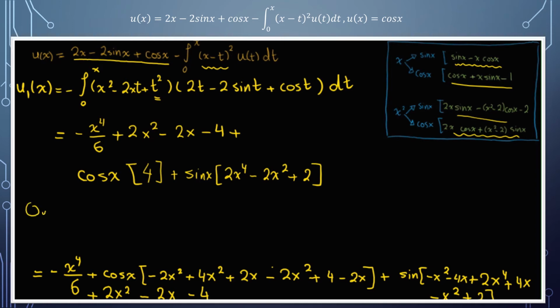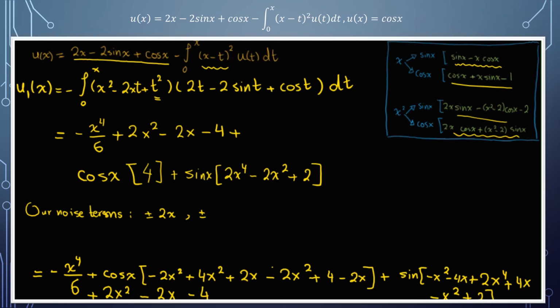So our noise terms are plus and minus 2x, and we have here minus 2 sine x and plus 2 sine x.